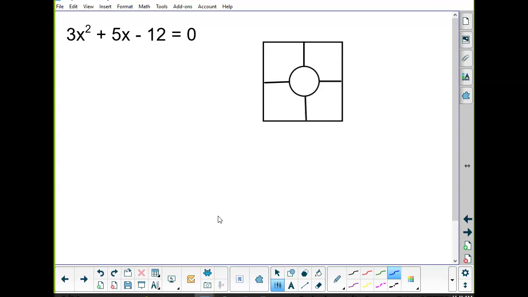So if I'm going to factor, notice that all the values are over to one side. So that's the first thing, is we want to make sure that it's in standard form. And then we're going to multiply the corners. So I'm going to take the 3x squared times the negative 12, and I get negative 36x squared.